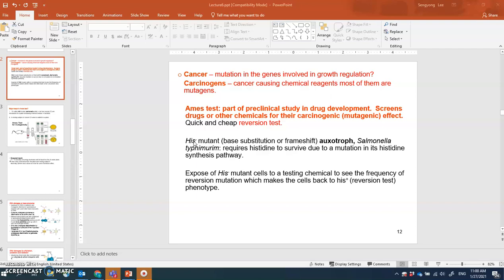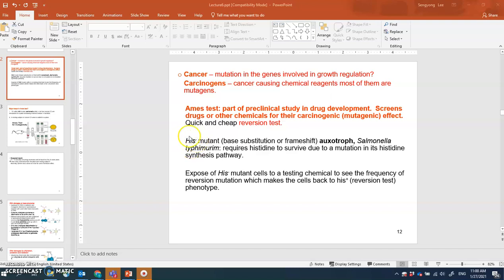Normal, wild-type Salmonella cells can synthesize their own histidine, but this mutant strain, His minus, has a unique mutation that makes the cell unable to synthesize histidine on its own. So the biosynthetic pathway of histidine is compromised by this mutation.